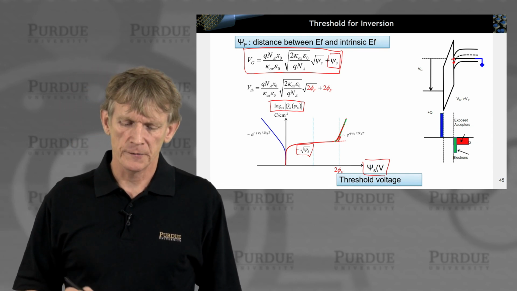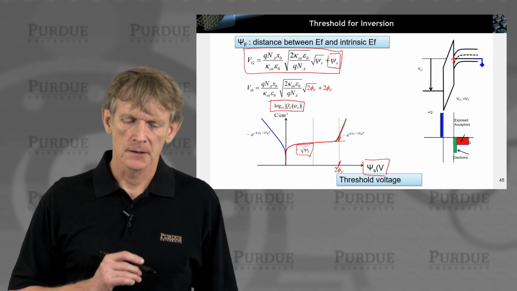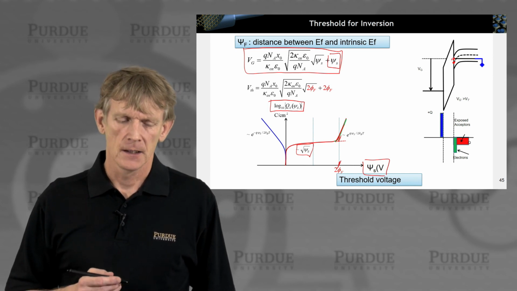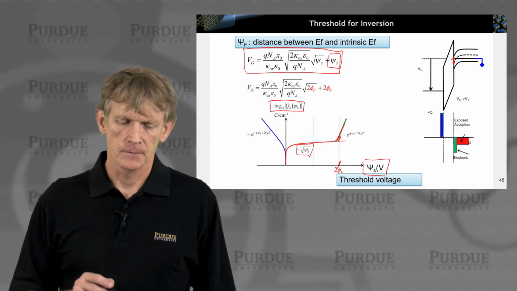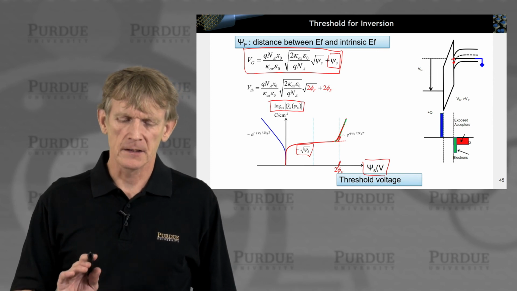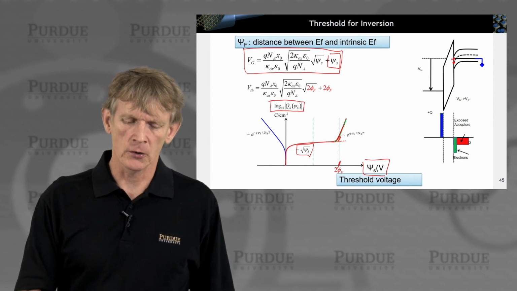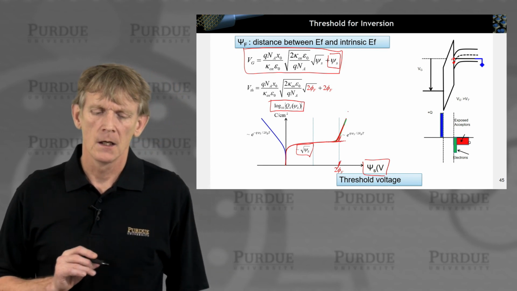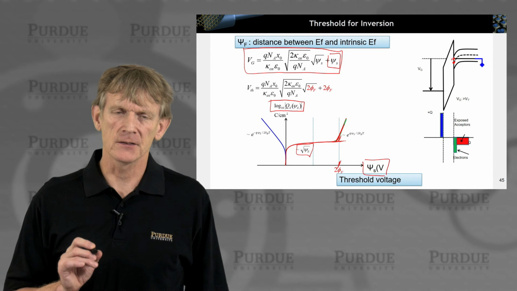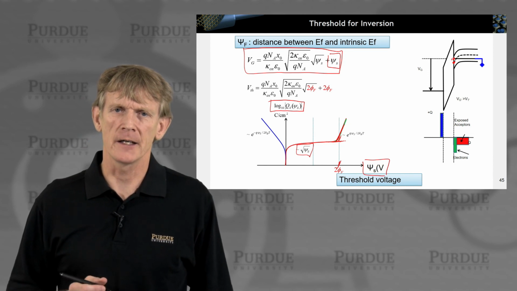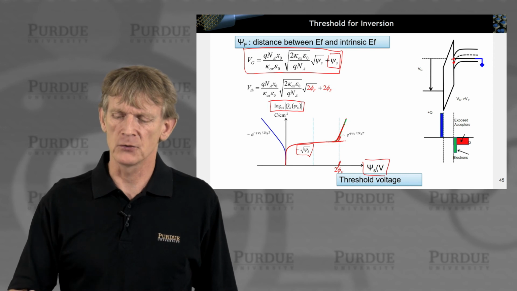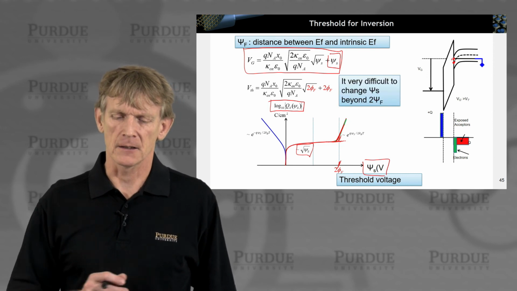Now, we will define this point here as 2 phi f. When you have this turnover here from going square root to the exponential, that is the term we coin 2 phi f. And we'll go into detail why we call it 2 phi f in a second.